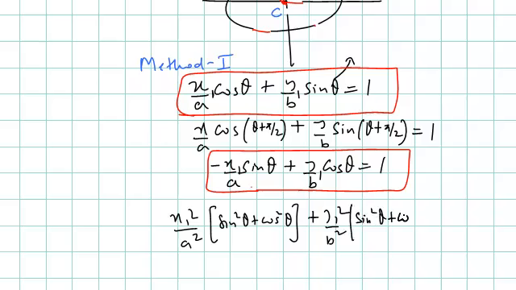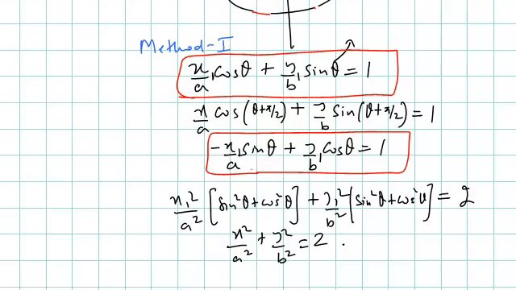Now we'll have 2ab terms in both of them: minus 2x1 y1 over ab cos theta sin theta here, and plus 2x1 y1 over ab cos theta sin theta there. When we add the two, one is plus, other is minus, they are opposite signs, so the xy term will cancel out. On the right side we have 1 plus 1, so it is 2. So locus is x square by a square plus y square by b square equals to 2, right?